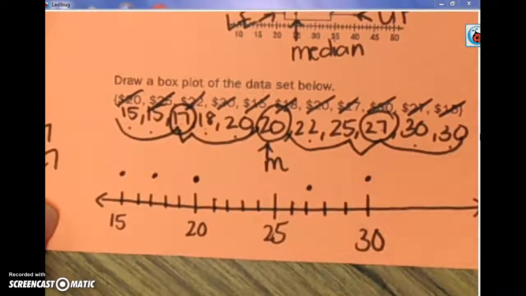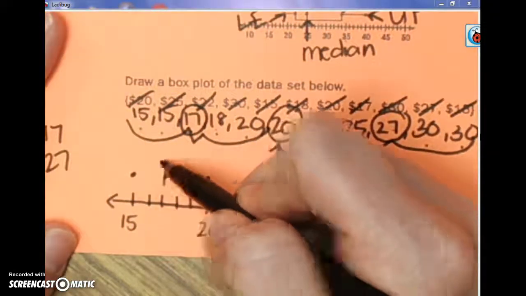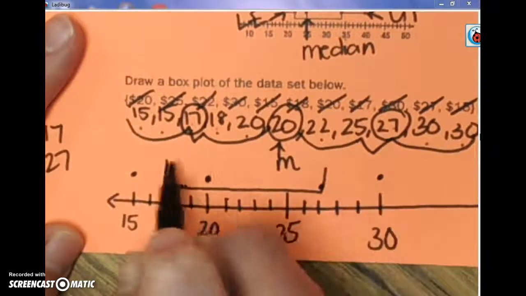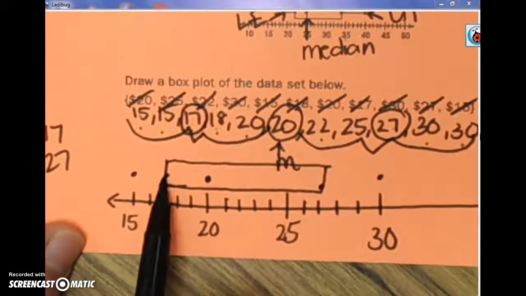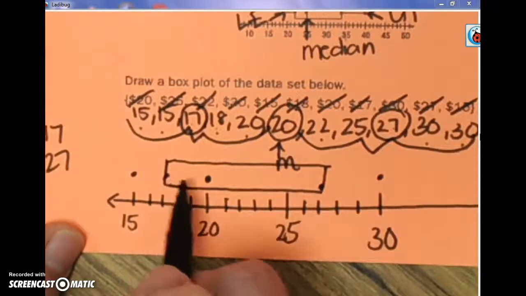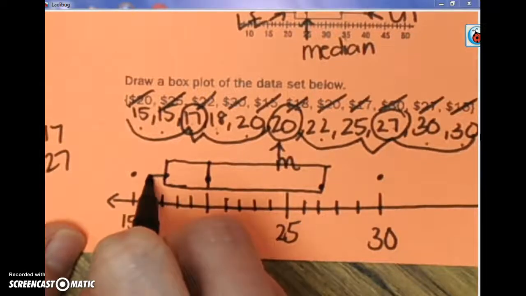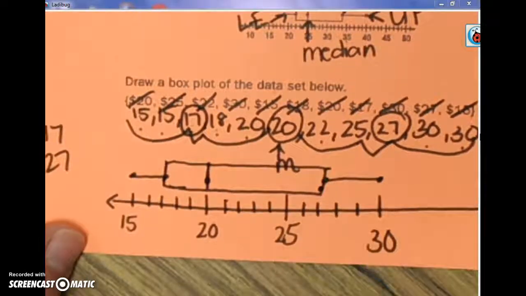We're going to start by drawing our box. The box has Q1 and Q3. Then for the median, you draw a line. Then we draw our whiskers out to our upper extreme. Sorry, my dot didn't line up very well there.